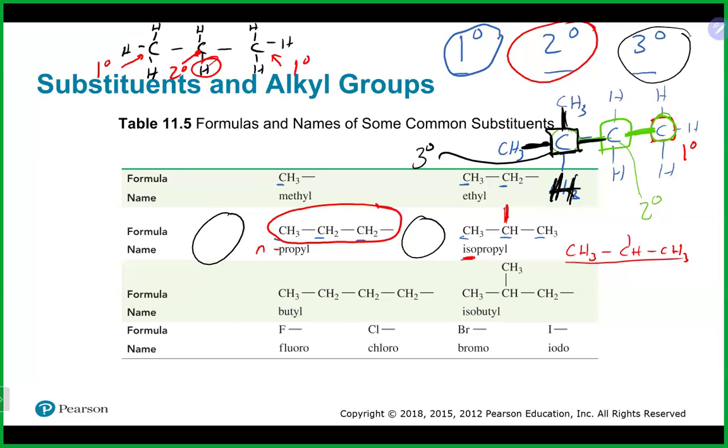Same thing here. If you take butane and remove a hydrogen from one of its primary hydrogens, it will attach at the end, and you'll get a plain old run-of-the-mill butyl group.